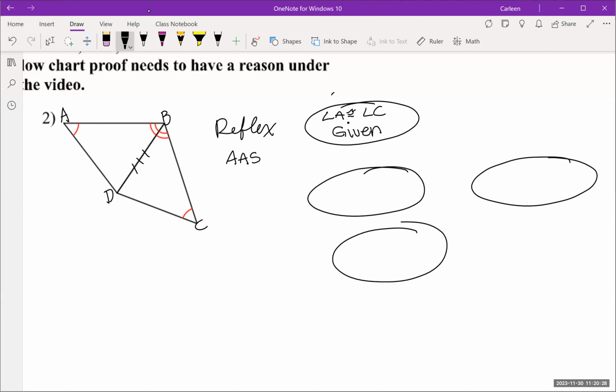Now, notice I can't say angle B and angle B because I have two angles going on here. I'm going to say angle ABD is congruent to angle CBD, given. See how angle A, I could just say angle A. I could not just say angle B. Or you can put a little 1 and a little 2.